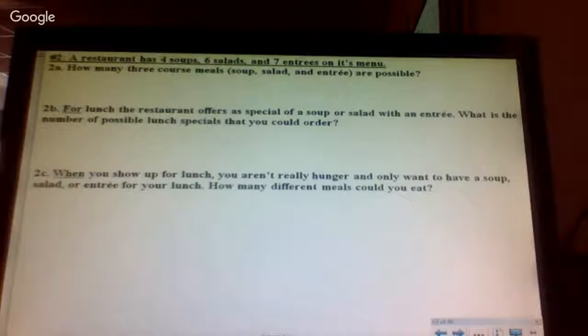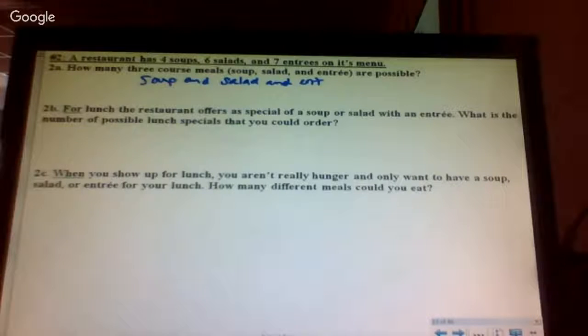We're talking about a restaurant. It has 4 soups, 6 salads, 7 entrees on its menu. How many 3-course meals, so you're getting soup, salad, and entree, are possible? Soup and salad and entree.